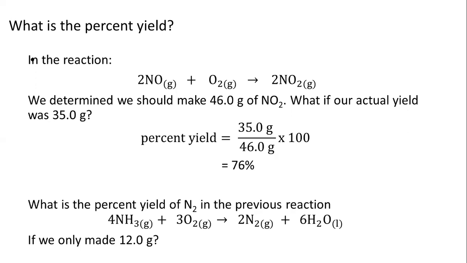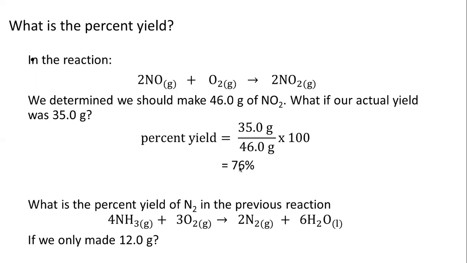But let's say we did an experiment where we took some of this nitrogen monoxide, we added some oxygen, and then we measured the amount that we made in the lab. And our actual yield was 35.0 grams. So what we do is we take our actual yield, which is 35.0 grams, we divide it by our theoretical yield, which is what we calculated, 46.0 grams, and we multiply that by 100.